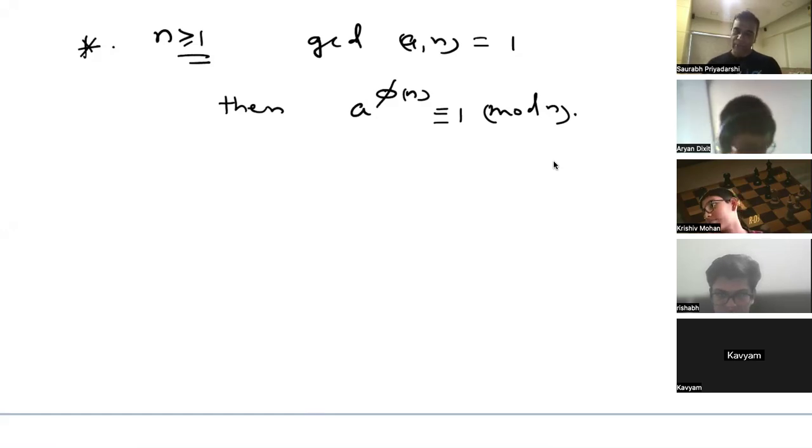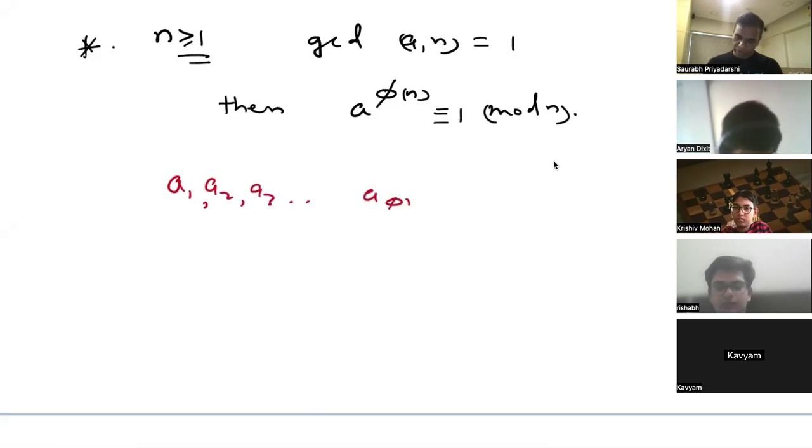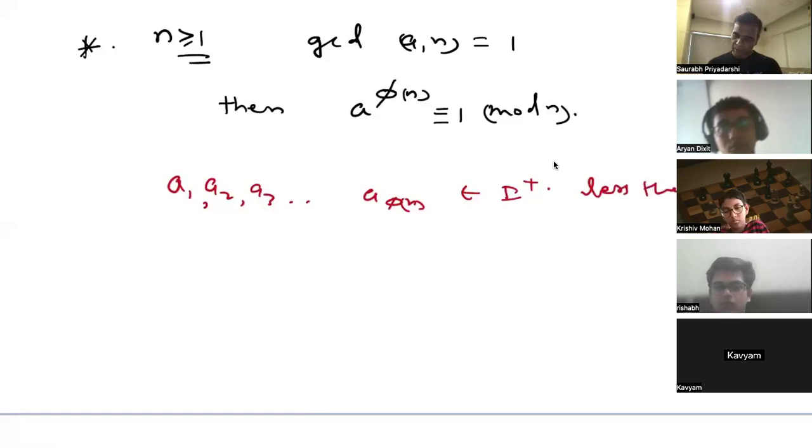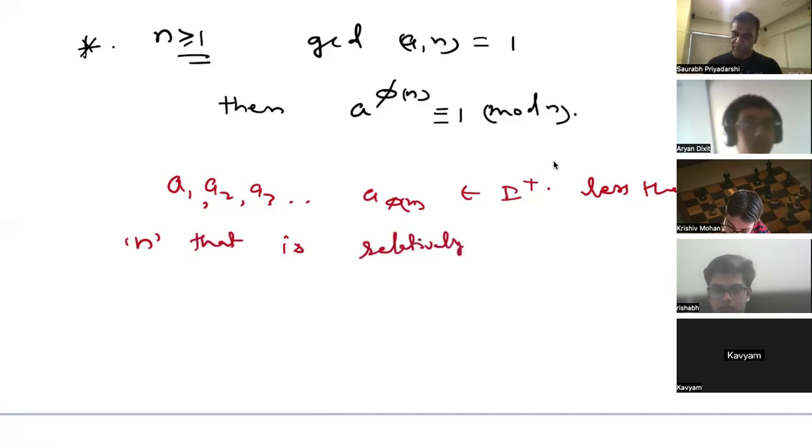So what we are saying is that if we are taking a1, a2, a3 up to a phi n, which are positive integers less than n and relatively prime to n, right?